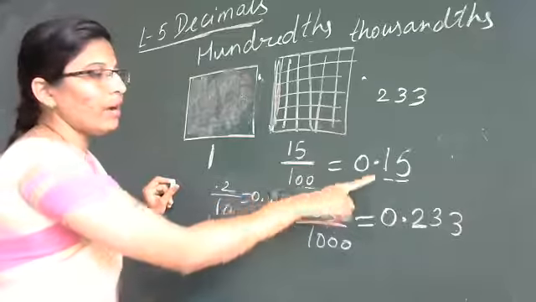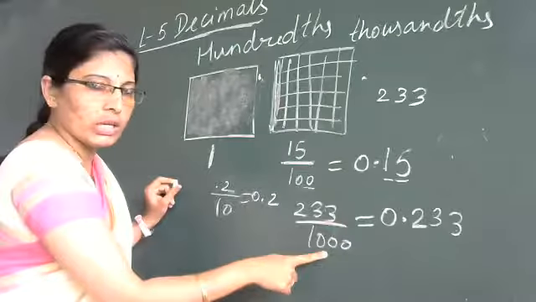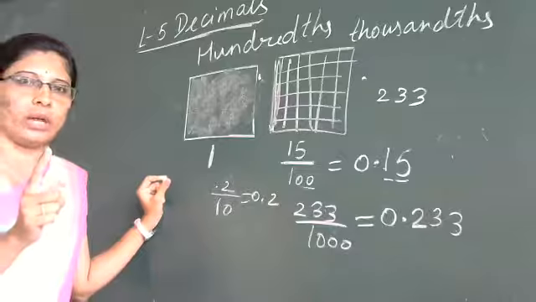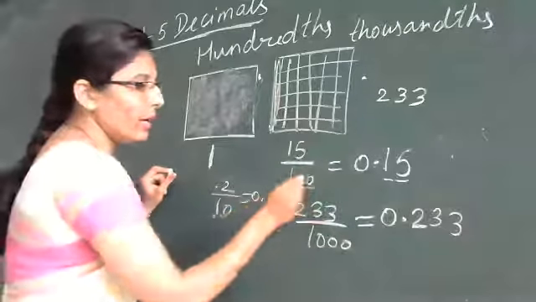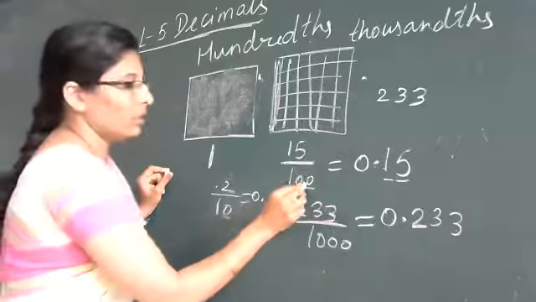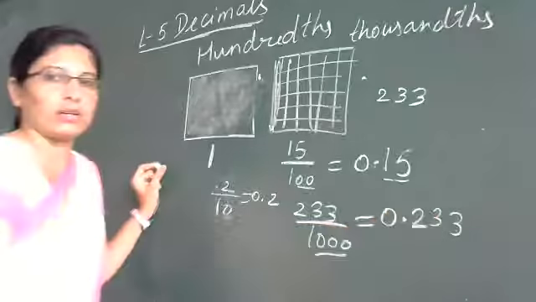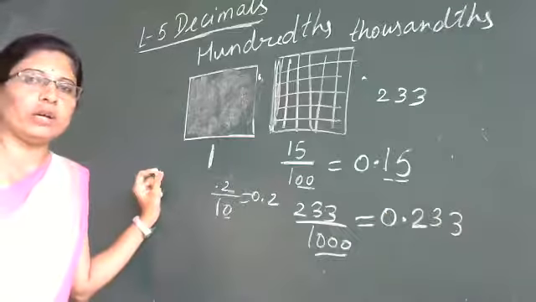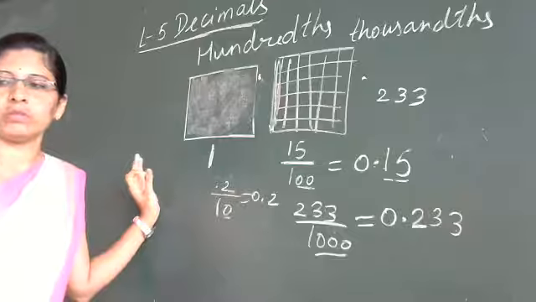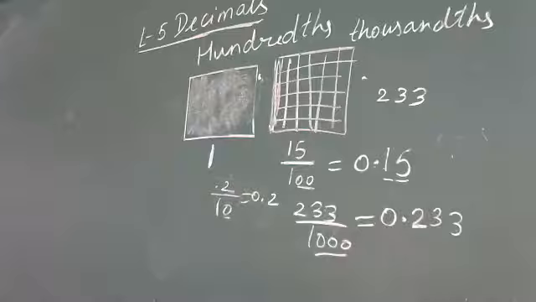When it is 100, after the point 2 digits. And when it is by 1,000, after the point 3 digits should be there. Okay. And it depends on the zeros. 1 zero, 1 digit. 2 zeros, 2 digits. 3 zeros, 3 digits. Understood? 10, 100 and 1,000.